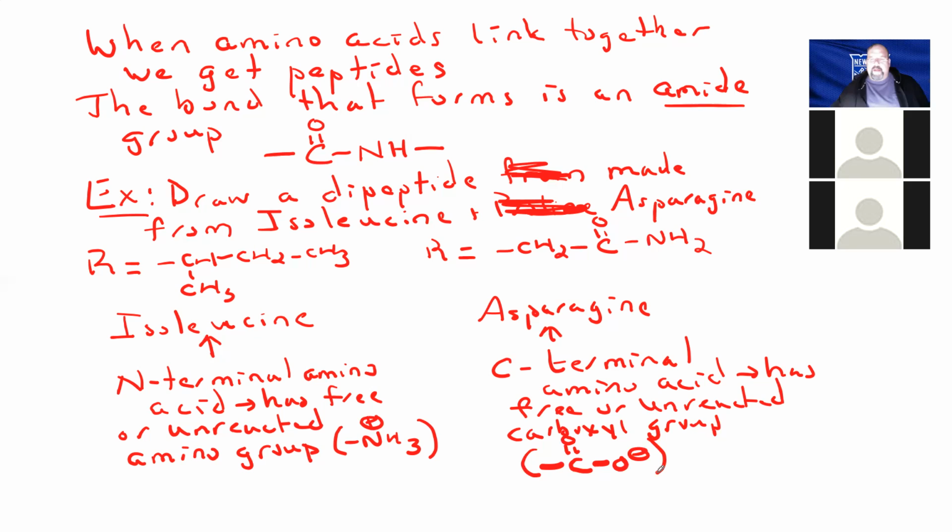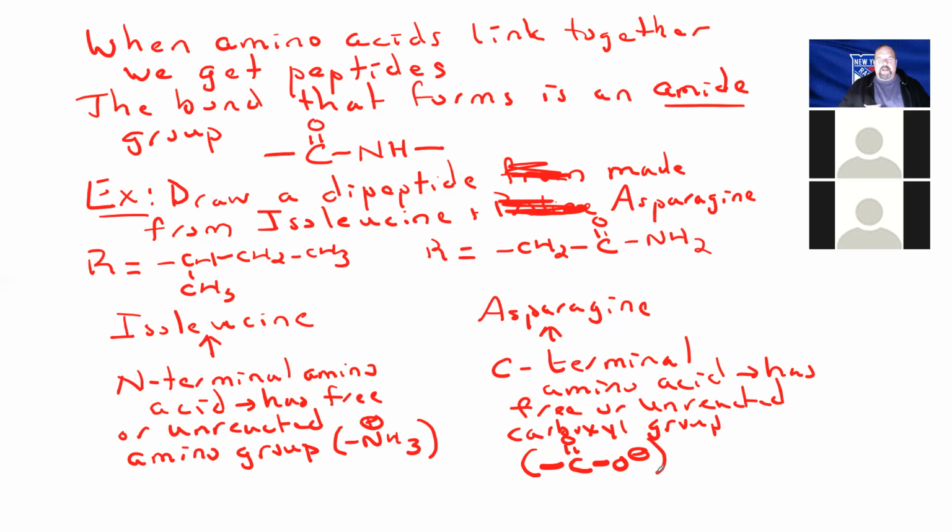Now, what makes them free or unreacted? What makes them free or unreacted is that they're not involved in the amide bond or N-amide bond. Because as you'll see in a moment, the way we link amino acids together to form the peptides is from essentially the first amino acid, we're going to take off the O minus from the carboxyl group on the central carbon.